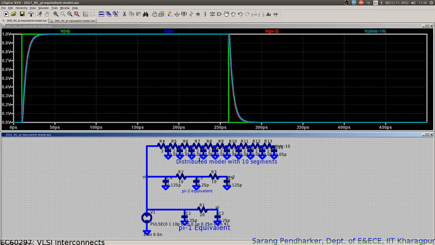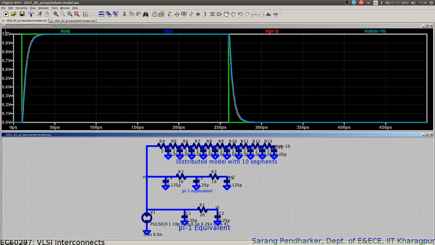How many elements are there in this distributed model with 10 segments? 20. So for a single wire you would require 20 segments, but you could replace it possibly by 5 elements here, or if you are okay with the accuracy, even with 3 elements like this.